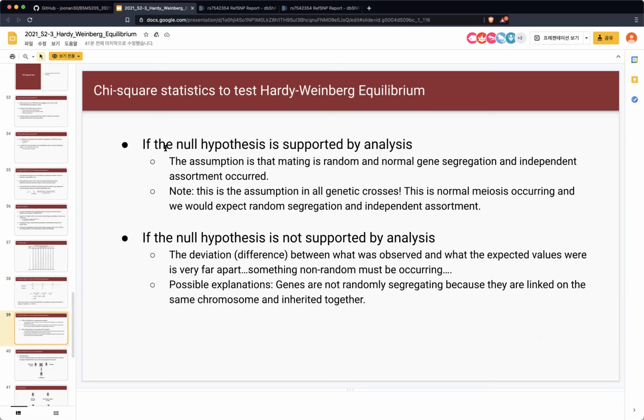Okay, so in other words, if you use the chi-square, or whatever hypothesis testing, and the null hypothesis is not rejected or is supported by the analysis, then your assumption is exactly the same as the Hardy-Weinberg assumption. If not, then this is a different situation, right?